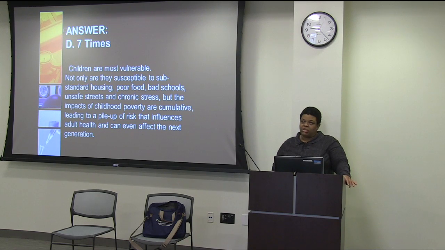But when we think about the effects of childhood poverty, they're cumulative. They pile up and influence adult health. So if you had a lot of struggles, if you started off in poverty, then the likelihood that you'll see impacts of that in your adult life increases.